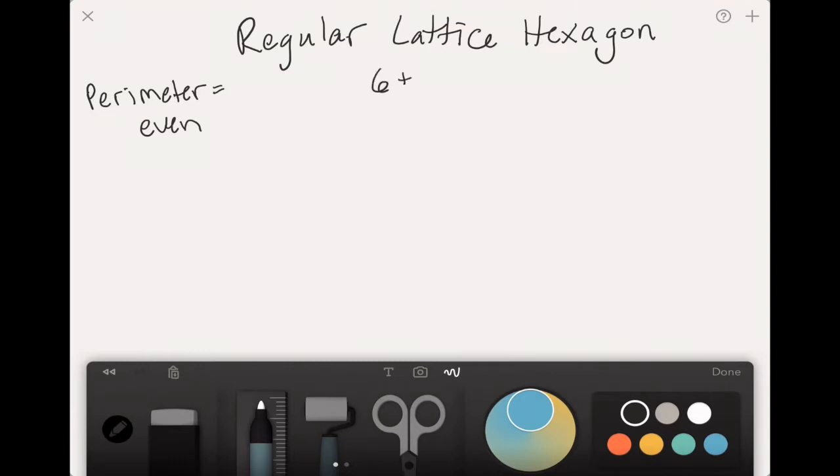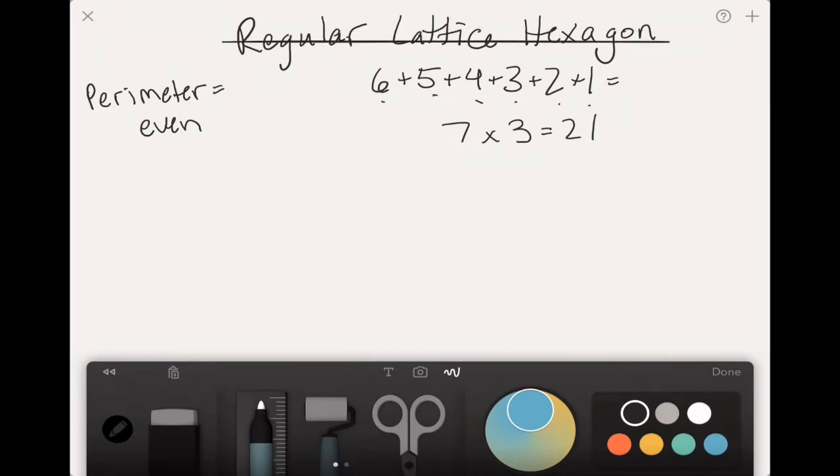We've got 6 plus 5 plus 4 plus 3 plus 2 plus 1. Okay, so what's that total? 6 plus 1 is 7. 5 plus 2 is 7. 4 plus 3 is 7. So we've got 7 times 3, and that's 21. 21 is odd. So we cannot have a regular lattice hexagon.